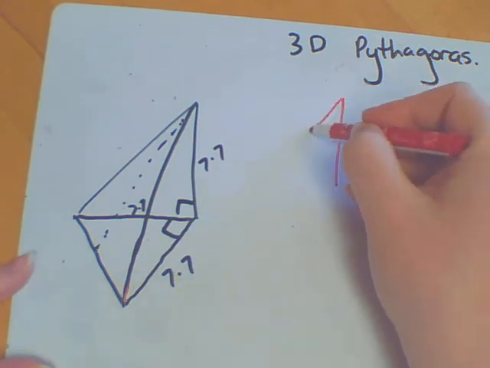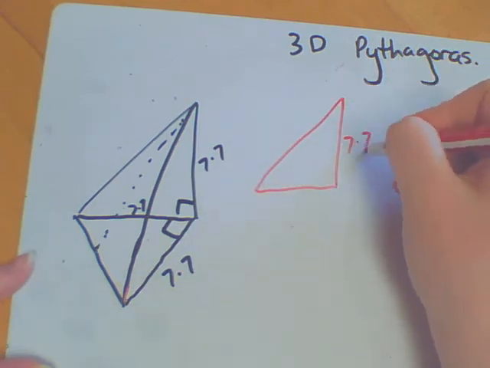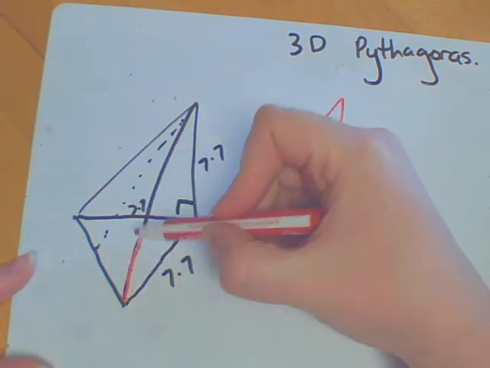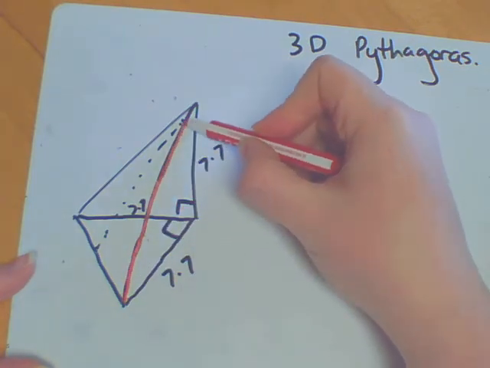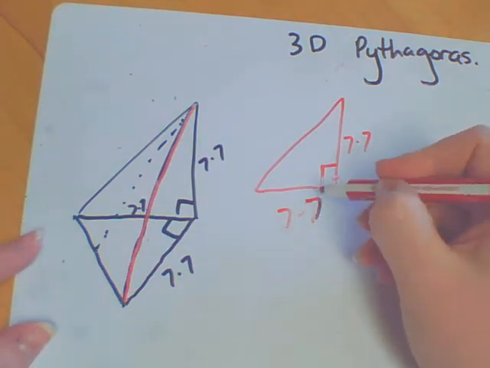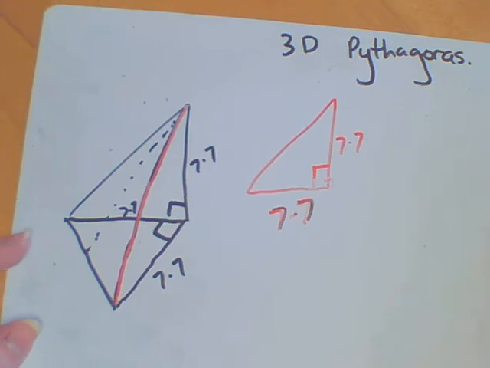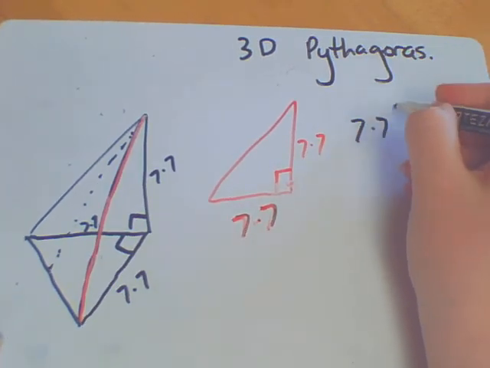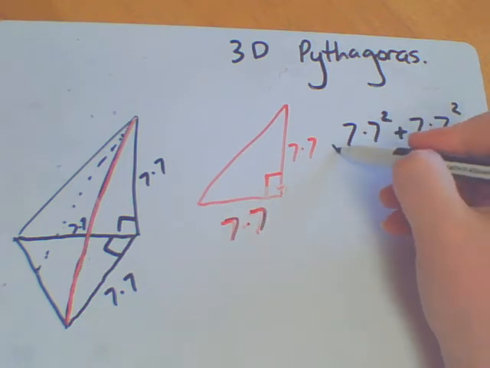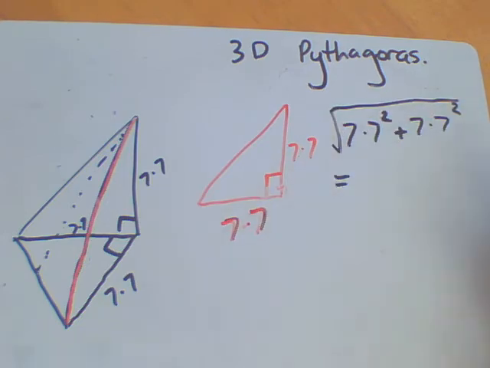okay, I'm going to do 7.7 by 7.7, and that is going to tell me this red line going along here. So if I work that one out, that is going to be 7.7 squared plus 7.7 squared, and I want to square root that.